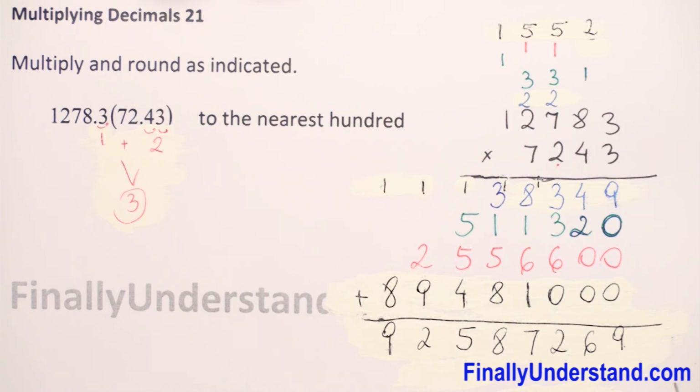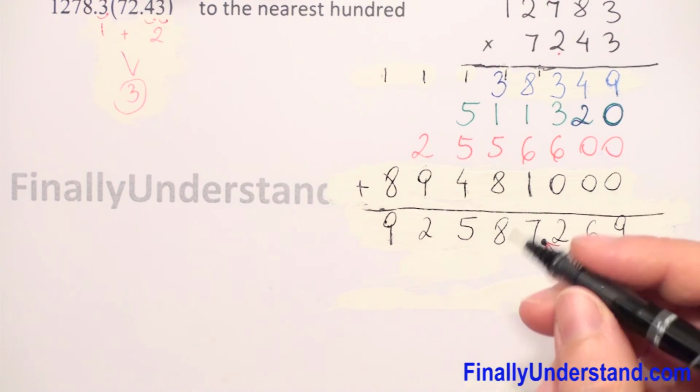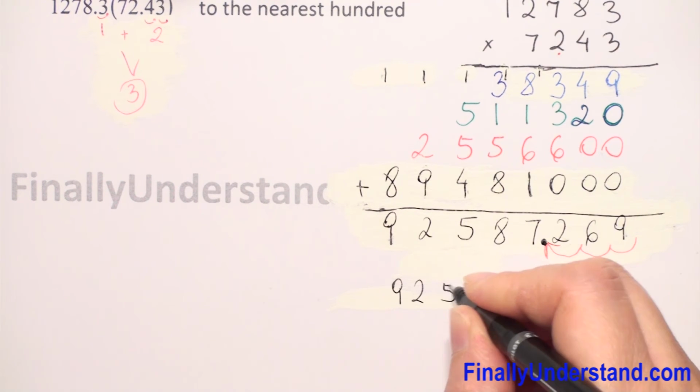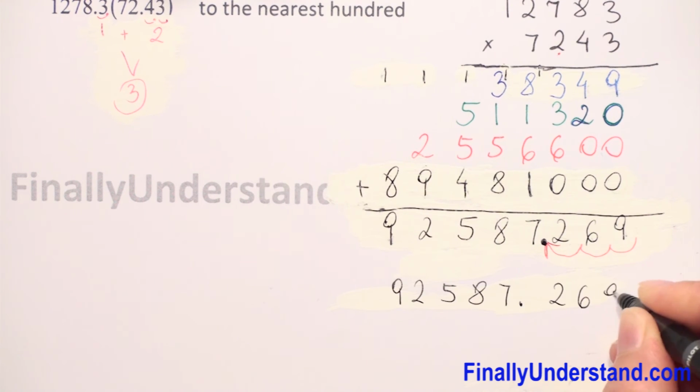So we need to have 3 decimal places in our product. So we just count from right to left. 1, 2, 3. The decimal point will be between 7 and 2. So now we can write our solution: this is 92,587.269.